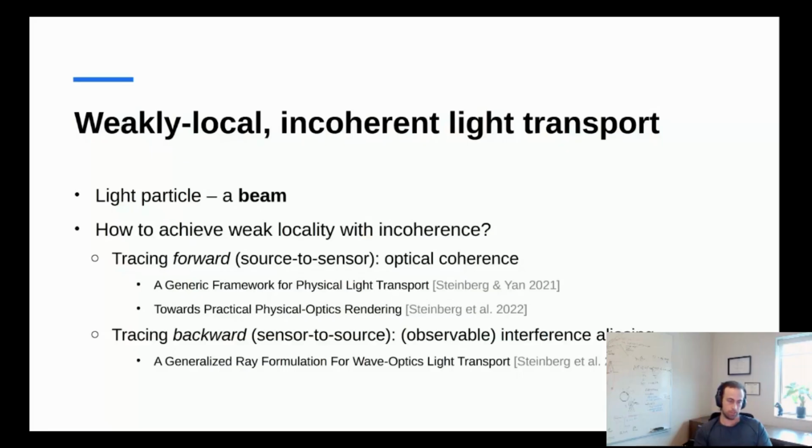The backward case, so when we trace a light particle under time reverse dynamics from sensor to emitters, is actually easier to formulate, surprisingly, and it draws upon the realization that all our sensors are actually photoelectric sensors, which are essentially photon counters, and those sensors are very limited in their ability to measure discrete statistical properties of light.